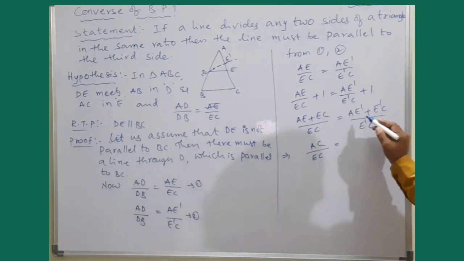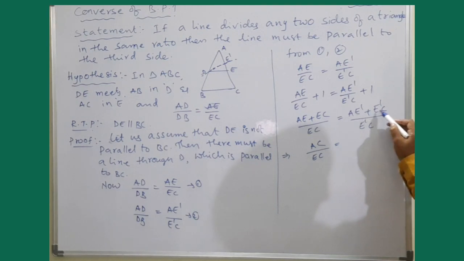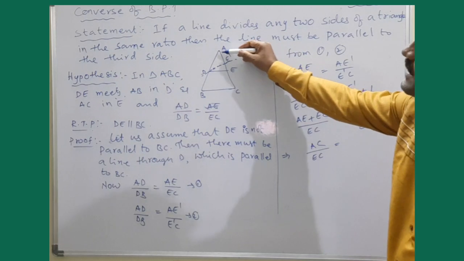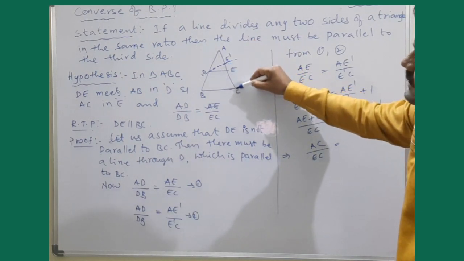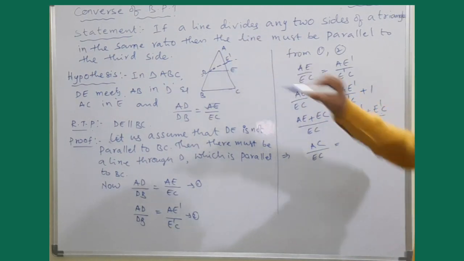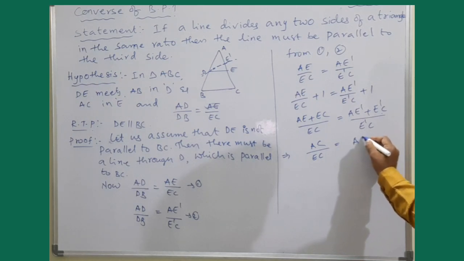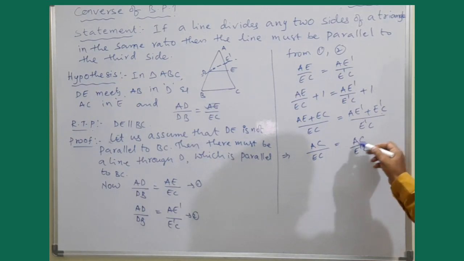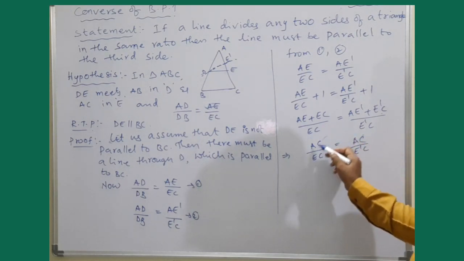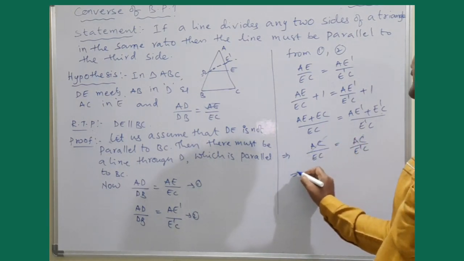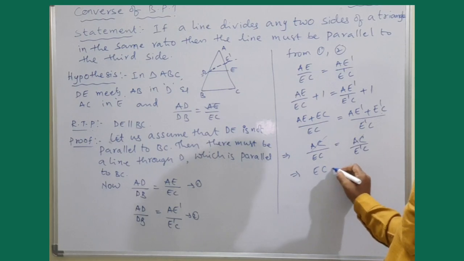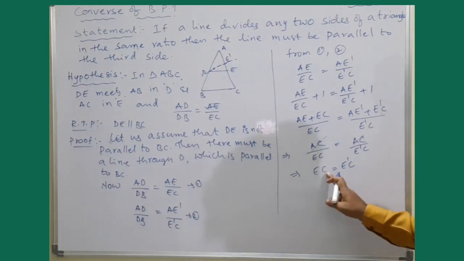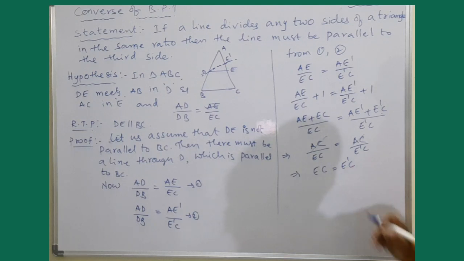And AE dash plus E dash C is also the entire length AC only, so AC by E dash C. So clearly we can cancel AC and AC. Hence I can say that EC is equal to E dash C.